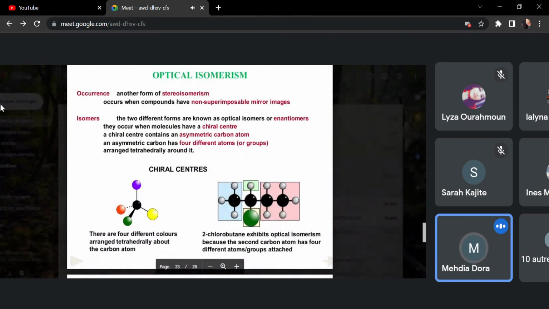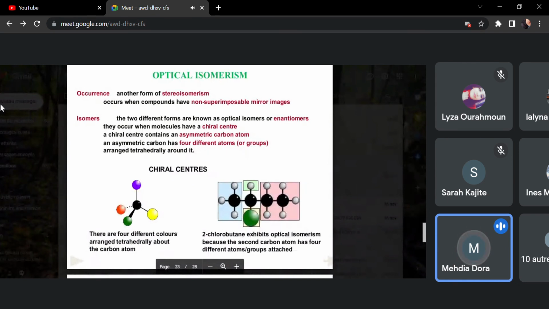tetrahedrally around it. We have to have 4 functional groups that are different from each other. Like we said here in 2-chlorobutane, we have the second carbon, and it has 4 functional groups that are totally different.